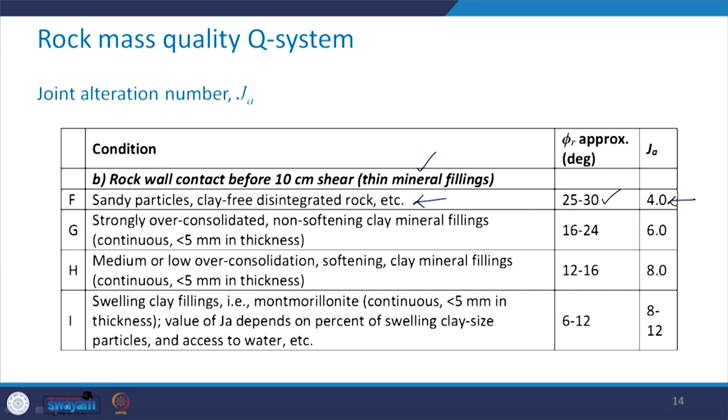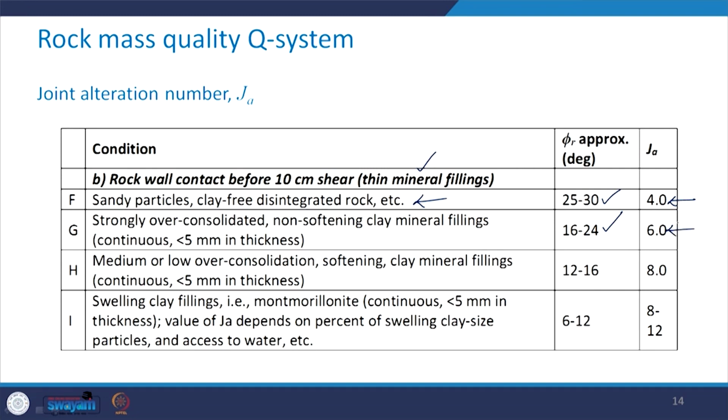In case of strongly over-consolidated non-softening clay mineral fillings, which should be continuous with a thickness less than 5 millimeter, then the phi r value is 16 to 24 and the rating is 6.